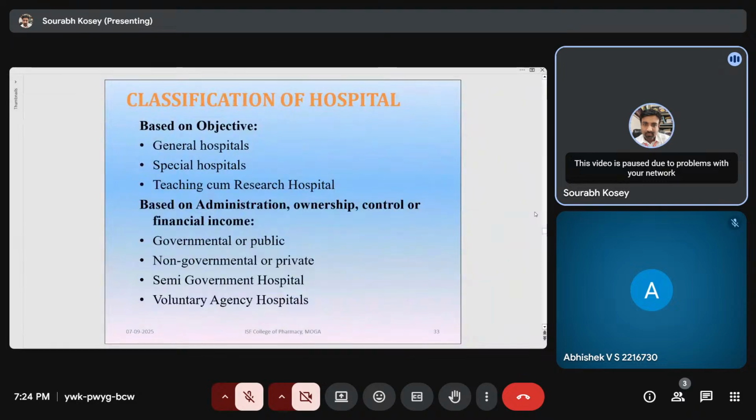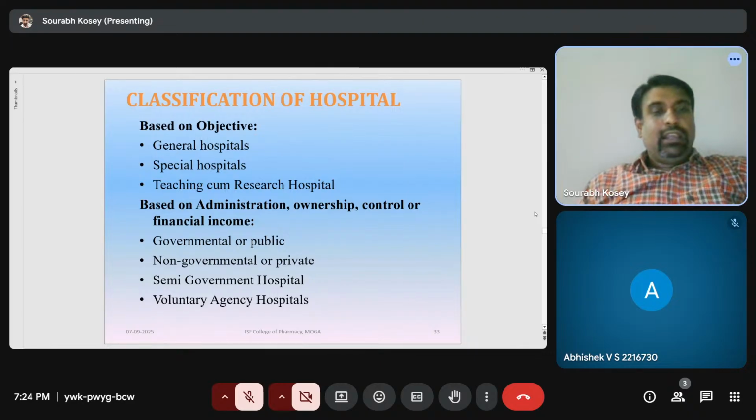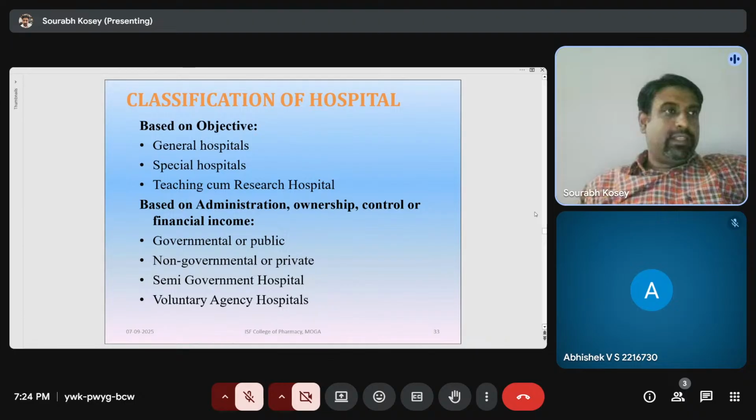Again, the classification of hospitals is based on objectives, like general and special. Sankara Eye Hospital is for ophthalmology, or some cardiac hospitals like Delhi Heart Hospitals of Dr. Lal, 11 in India. There are teaching and research hospitals where research takes place, clinical trials, and postgraduate work, which MS or MD people do, or PhD in medicine as well as pharmacy practice.